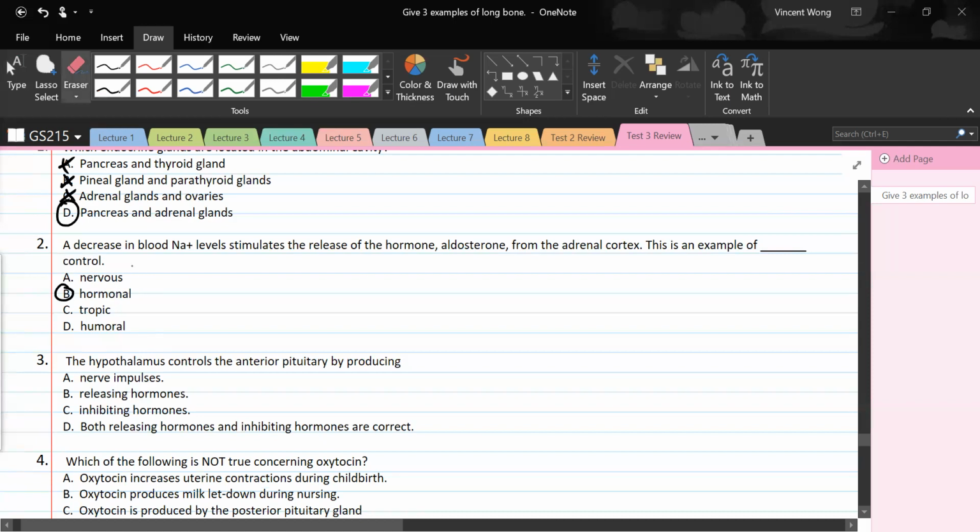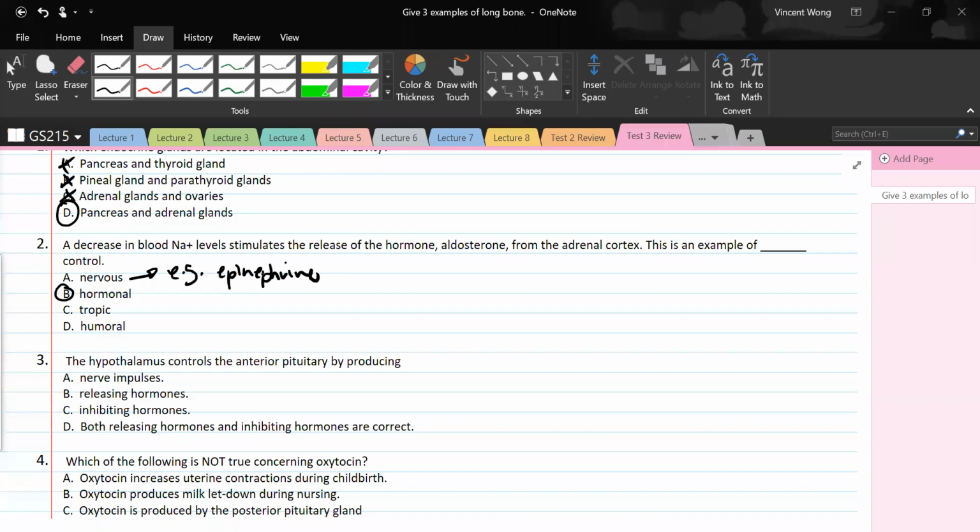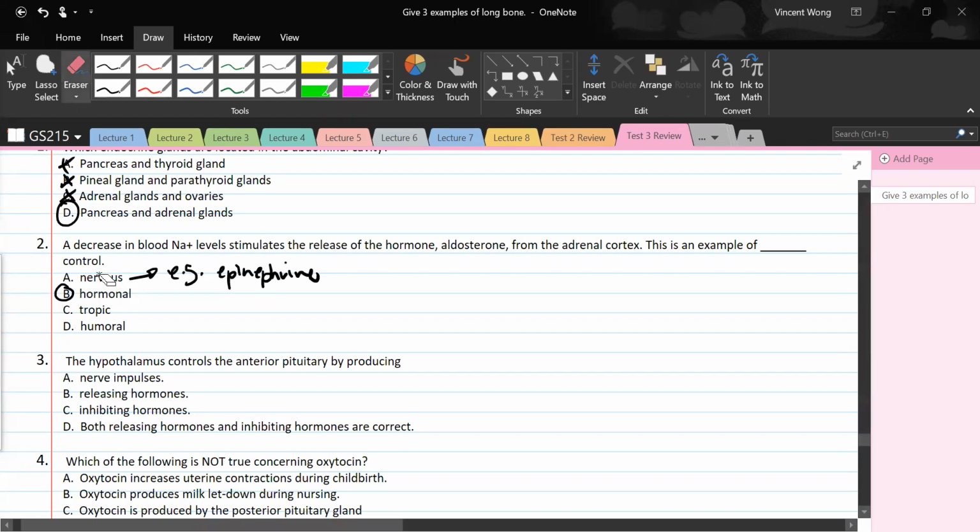Okay, an example of nervous control would be like epinephrine, right? It's really quick. It's from the sympathetic system, right? So even though the ultimate result is a release of a hormone, it's done through action potential rather than action of a hormone.